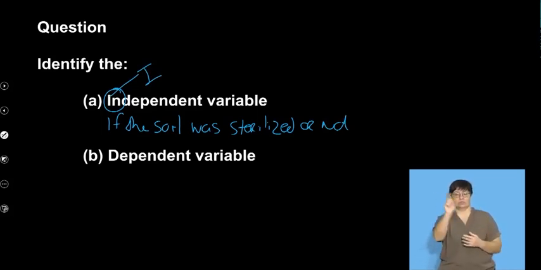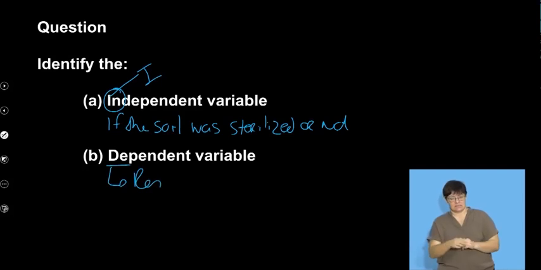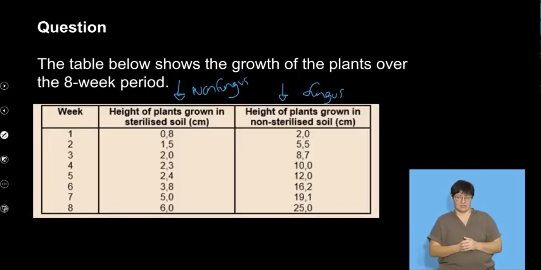So if I go back to the next one, what is the dependent? Dependent is results. What was I looking for? Let's go back here. I was looking for whether the plants grew or not. That was the dependent. Are they going to grow or are they not going to grow?